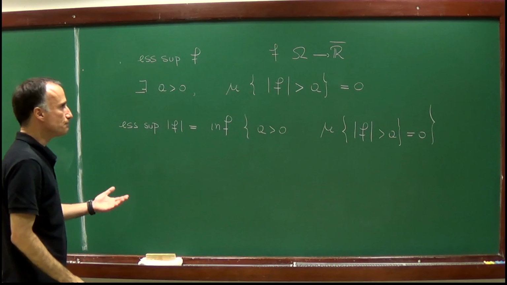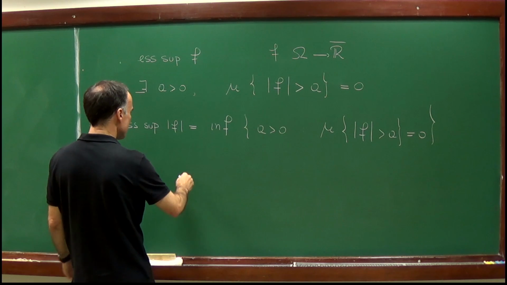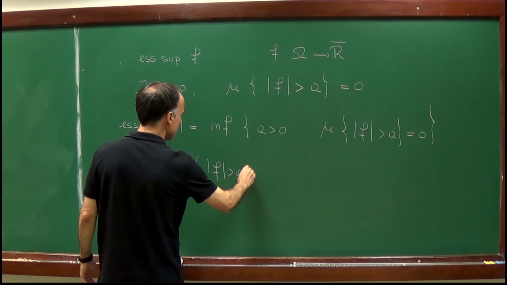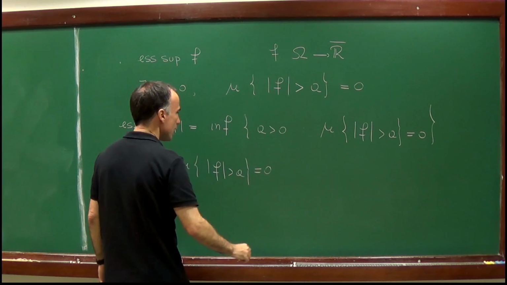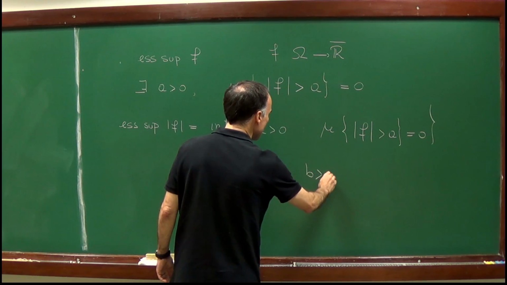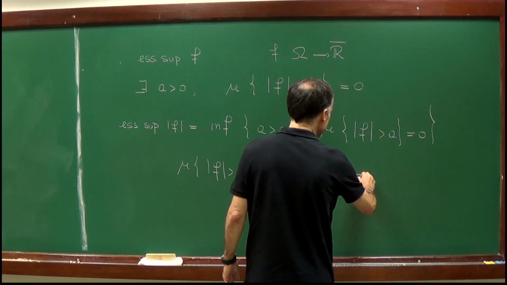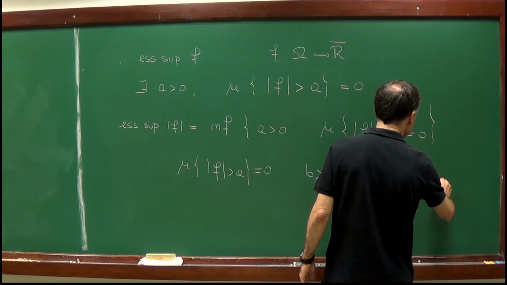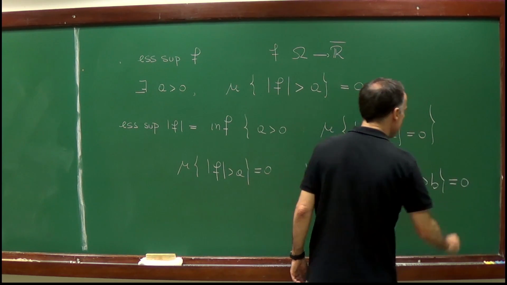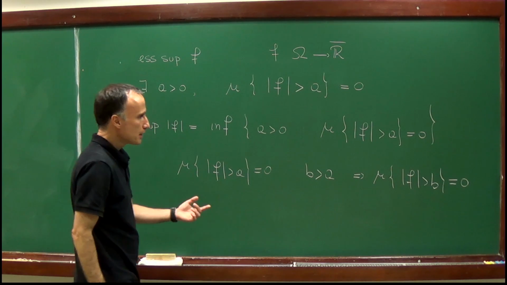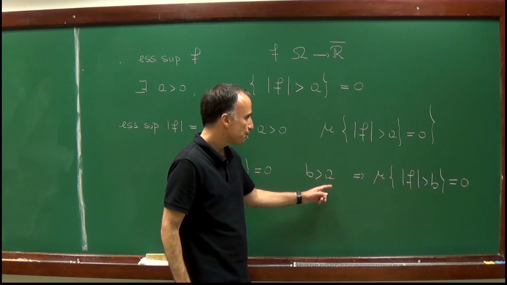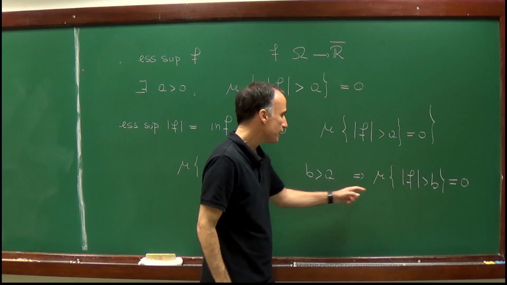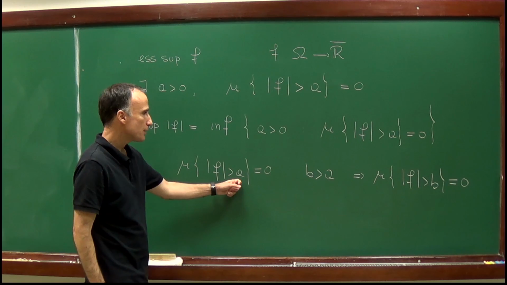Right? So it's clear that if mu of these points is equal to 0 for a, and if I take b larger than a, then the measure of points x such that f is larger than b is equal to 0, right? Because since b is larger than a, if f is larger than b, it's also larger than a.